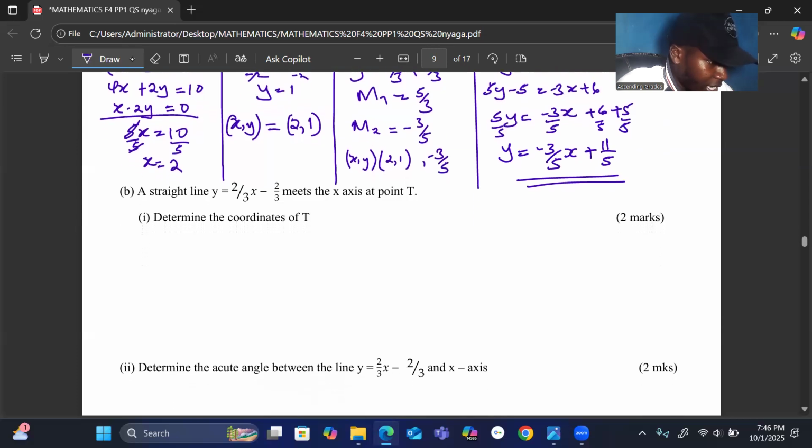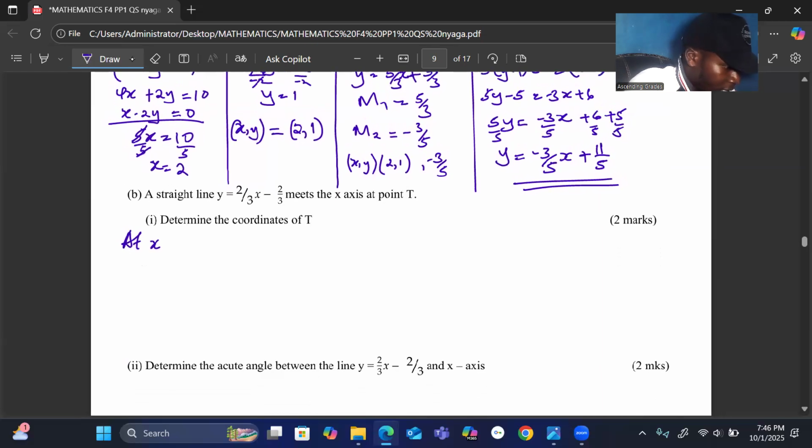Now, a straight line y equals 2 over 3 x minus 2 over 3 meets the x axis at point T. Determine the coordinates of T. We know that at x intercept, y is equal to 0.